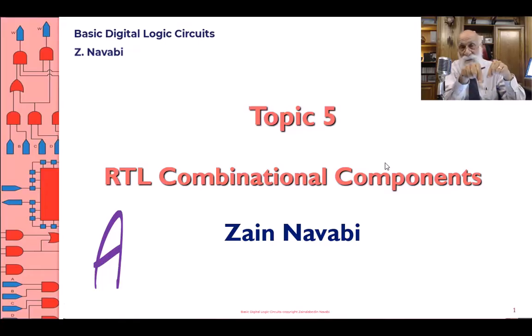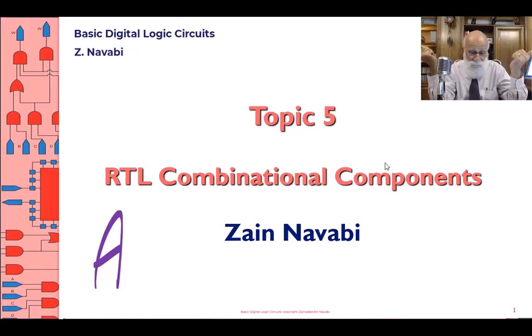We have shown you Boolean expressions that you can write. They can be very complex. And we have also shown you how to minimize them. So far this is what we have done.